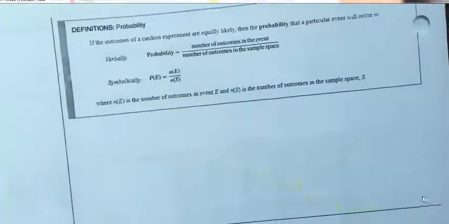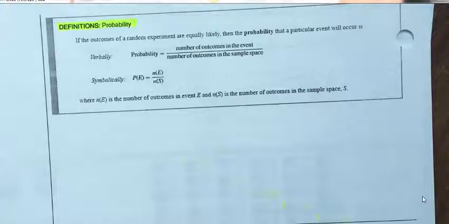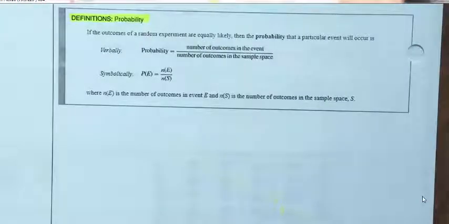And now we're going to define what probability actually is. And you know this, we've done this before. We touched on it in Algebra 2, in Geometry, you probably even touched on it in Algebra 1, and definitely at some point in your junior high career you also talked about probability.